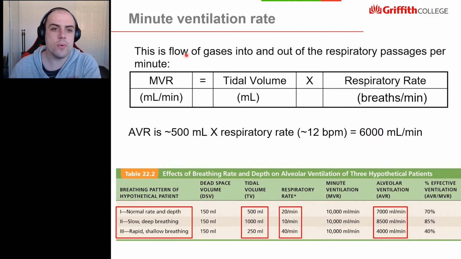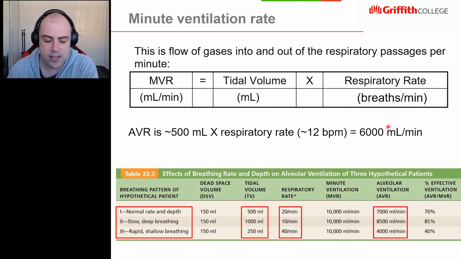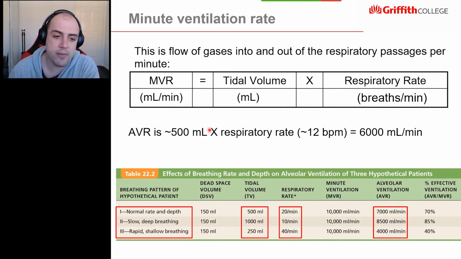So, if we look at our minute ventilation rate, it's essentially our regular tidal volume multiplied by our rate of respiration. So if we've got 500 times 12, that's 6,000. It means that if we have an average tidal volume of 500 mL, and we're breathing 12 times a minute, we are moving 6 liters of air per minute.